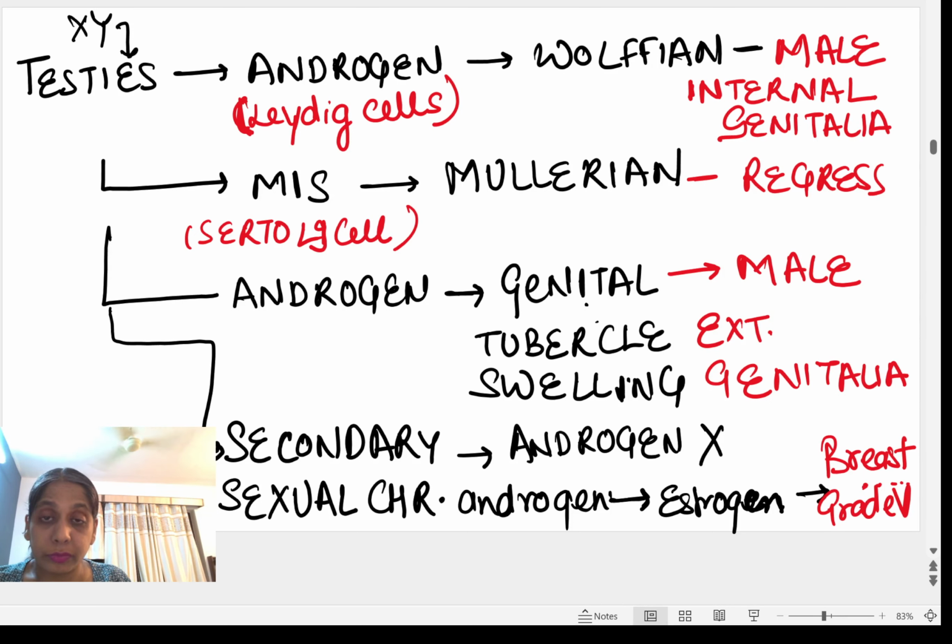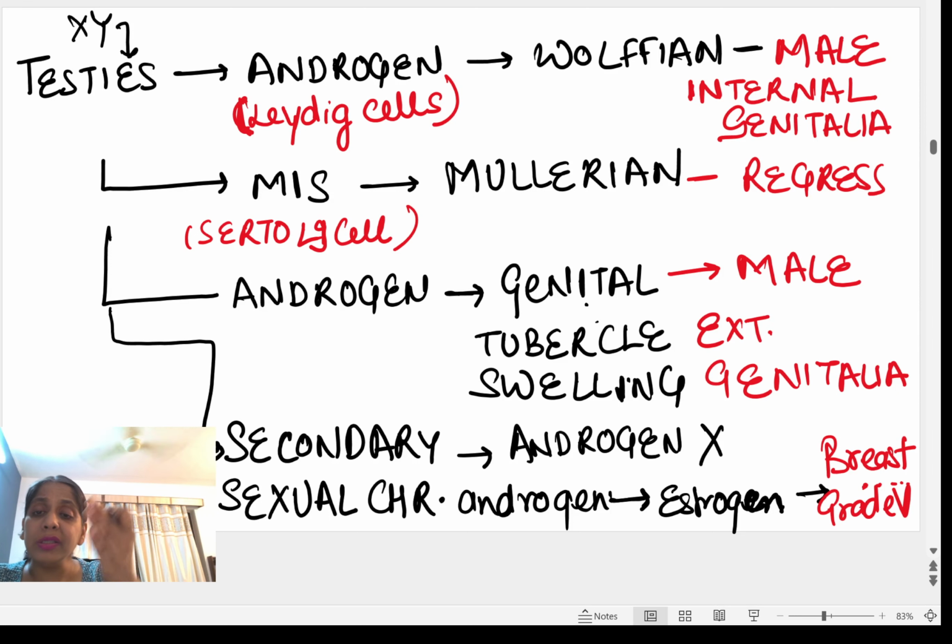Now what if these androgens are formed, but the androgen receptors, by which all the functioning occurs, are not working? All the androgens work through the receptors; they act on the androgen receptors. Now these receptors are not sensitive to androgen.